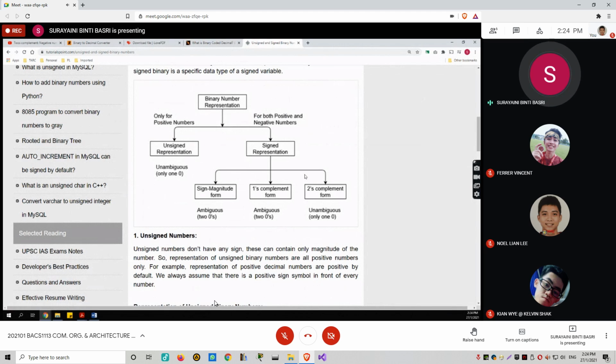After that, the experts came out with the two's complement form, and this method successfully produces an unambiguous result, where there is only one version of 0. Okay, so we proceed.